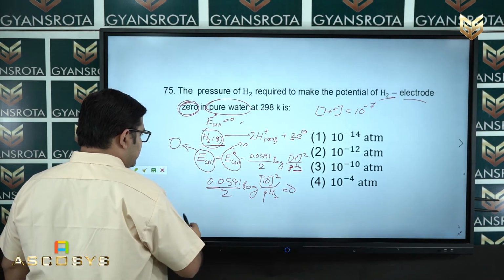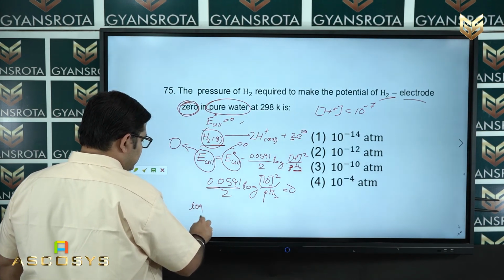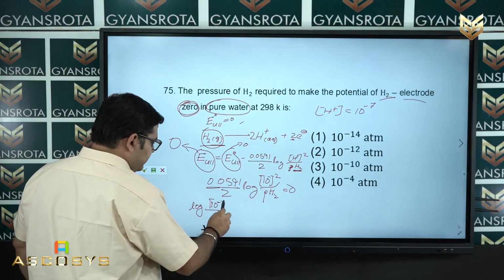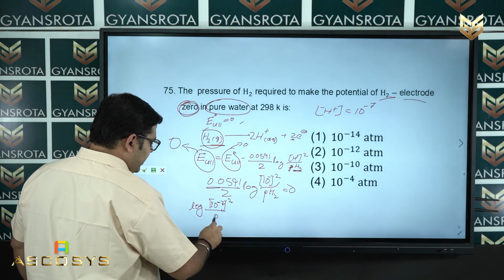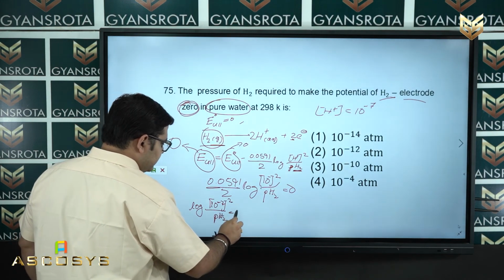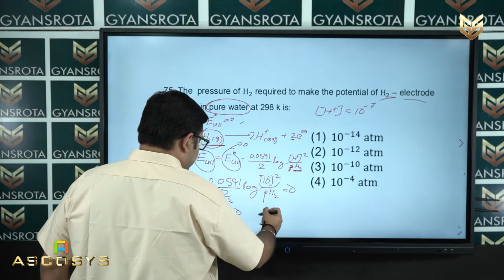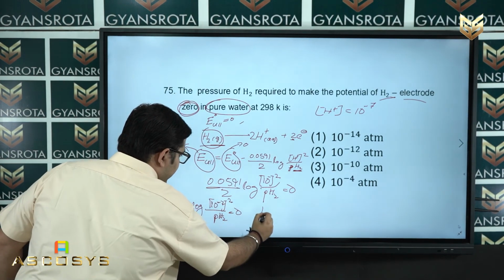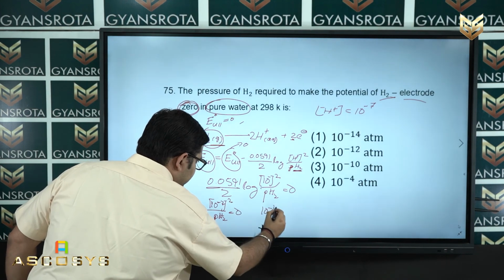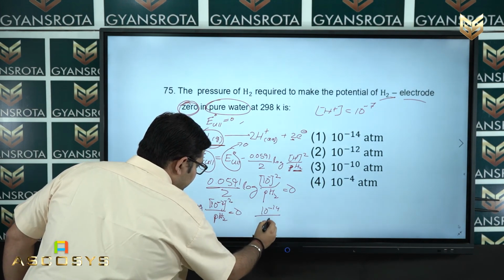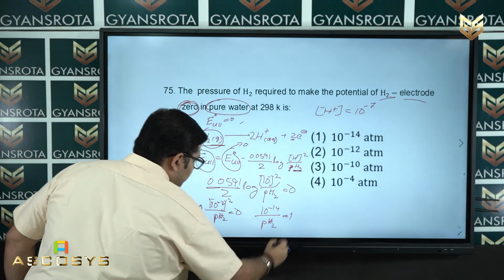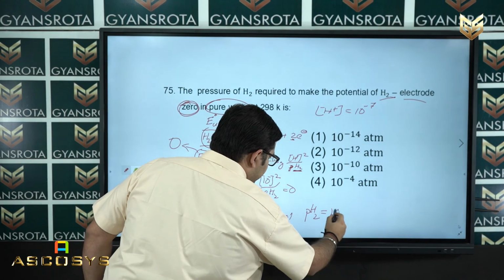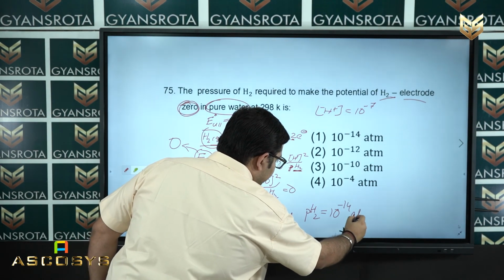If we do the cross multiplication, you will find log of 10 to the power minus 7 whole squared by pH2 is equal to 0, and if I remove the log part, 10 to the power minus 14 by pH2 is equal to 1. So your pressure of hydrogen gas will come as 10 to the power minus 14 atm.